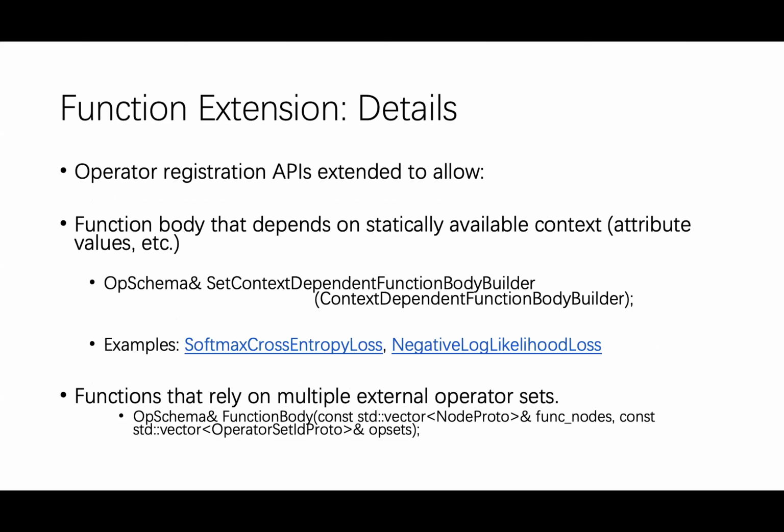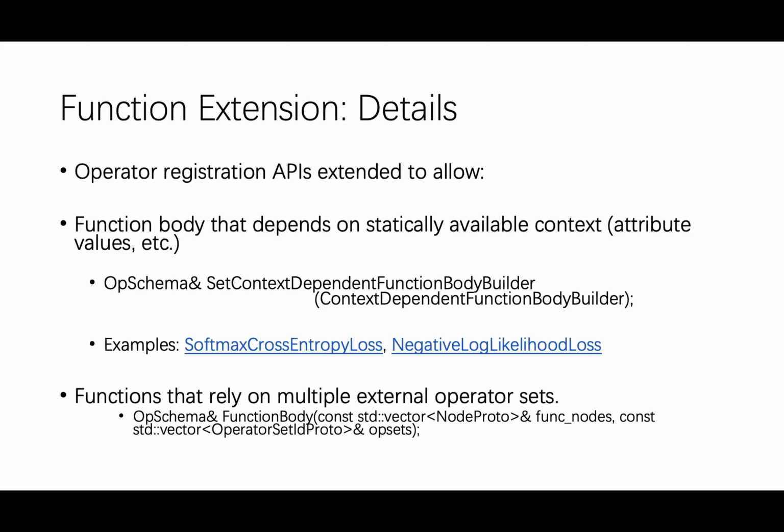So let me now briefly describe the extension to the function construct I mentioned earlier. The new API allows us to define functions where the function body depends on statically available context information, such as the values of attributes or types of inputs.